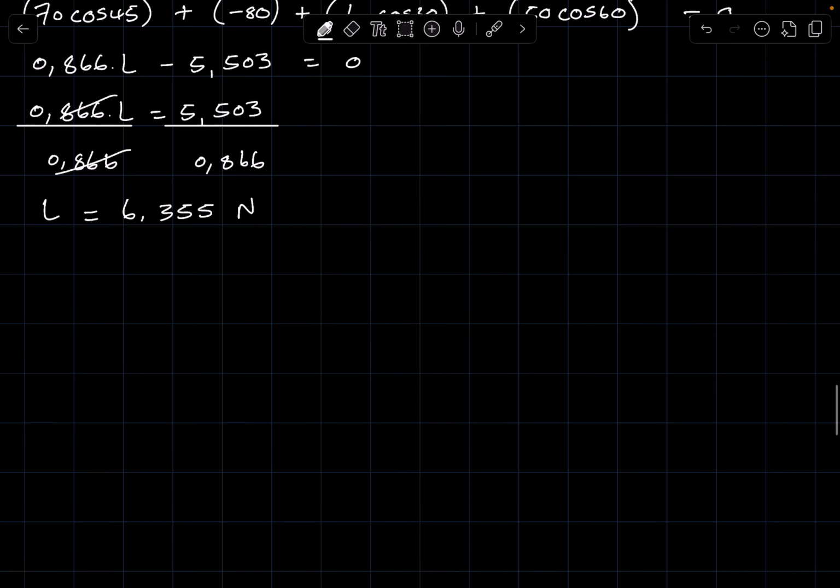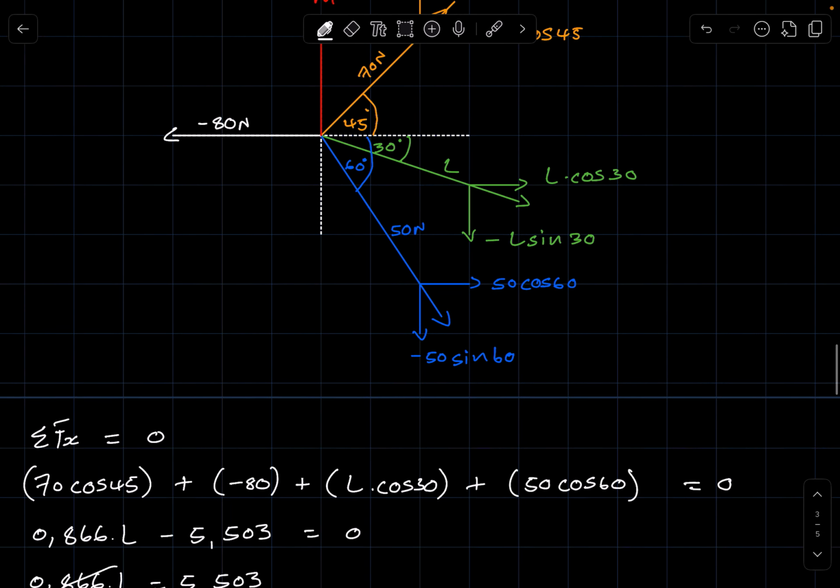Now you apply conditions of equilibrium in the y plane, in the y-axis. So sum of forces in the y direction is equal to 0. Now you add all forces in the y direction.